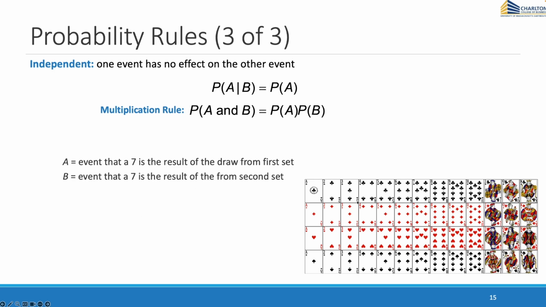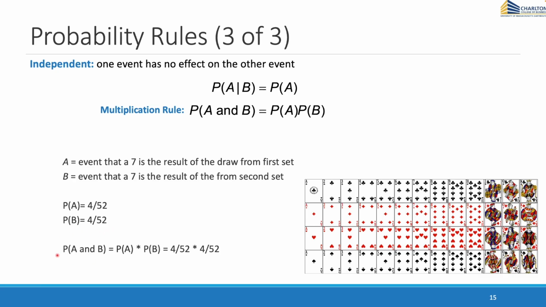So let's assume we have two decks of cards, and A is drawing a 7 from the first deck, and B is the event that a 7 is drawn from the second deck. So we are looking at getting a 7 from both decks. Getting a 7 from the first deck, the probability is 4 out of 52, and from the second deck it is also 4 out of 52.